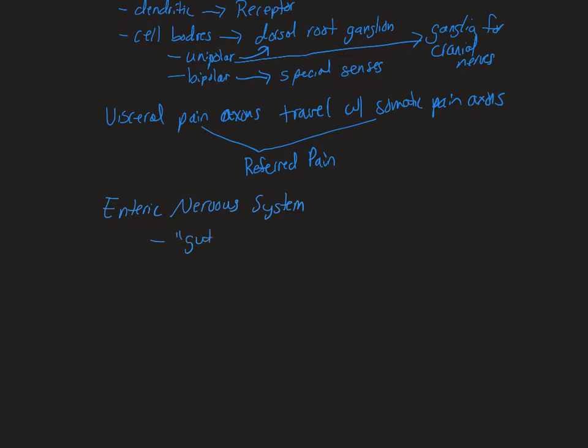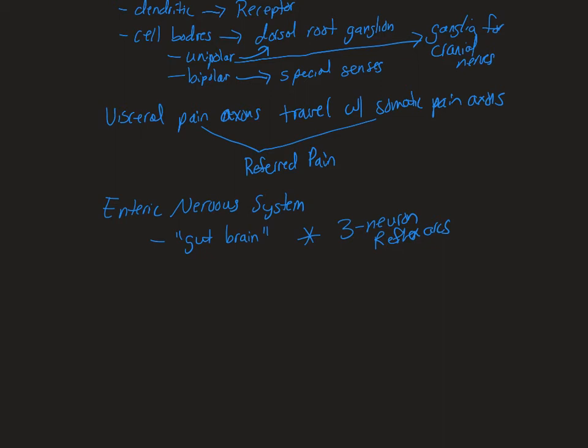And this is commonly known also as the gut brain, but it has a very important pattern of 3 neuron reflex arcs. Okay, but then there are also reflexes that are basically being controlled by neurons that don't require this arc back to the spinal cord.